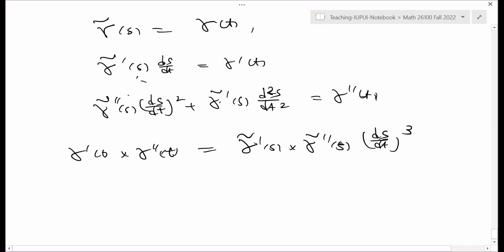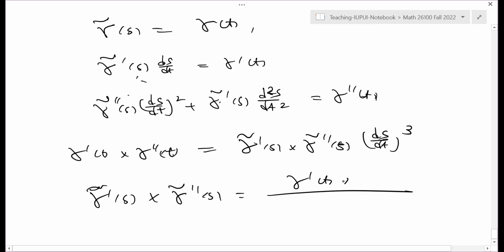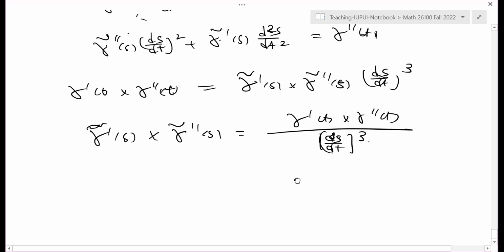So what I got here is an interesting thing. I got this is gamma double prime S, the gamma double prime T plus gamma prime T, and the dS/dT cubed, right? So we derive some formula here. So dS/dT cubed is gamma prime T, right?